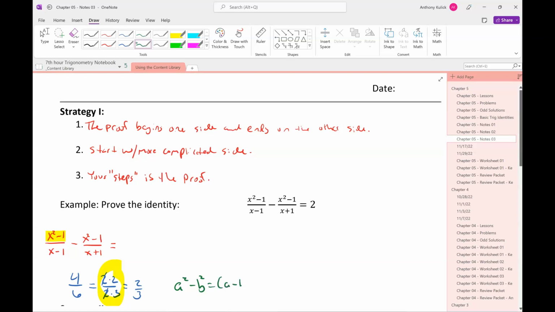Well, that's a difference of two squares, right? x squared is just x squared, and 1 is just 1 squared. So how does it factor? x minus 1, x plus 1. Great.